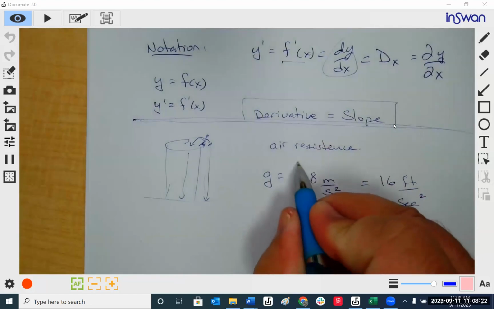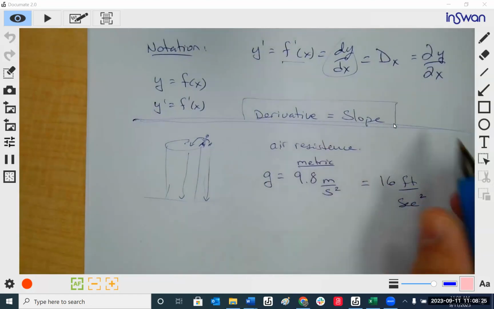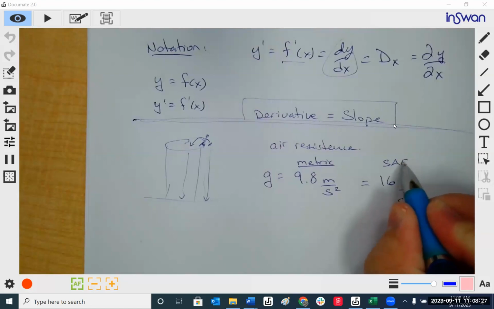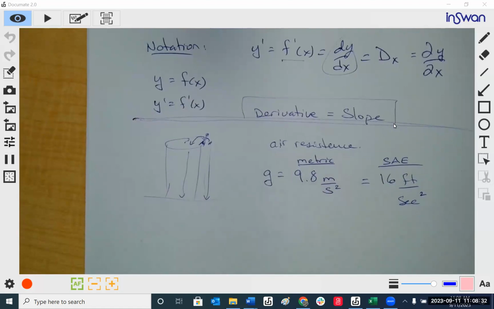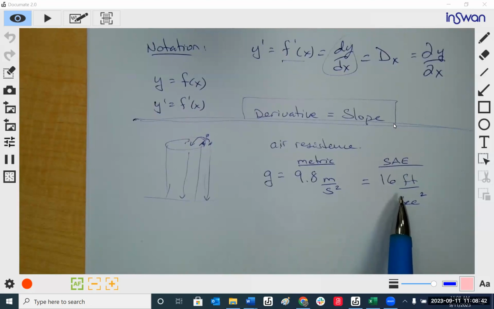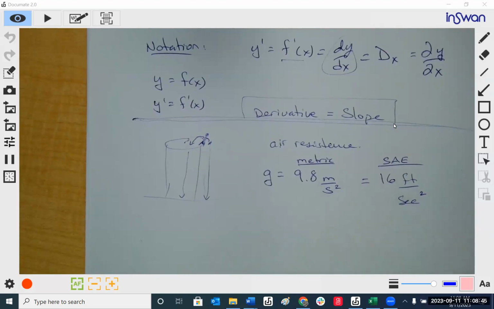So it all depends if you're dealing with metric or SAE, which is everybody else. Metrics, yeah. In physics and engineering, you always use metrics. There have been instances, not in the distant past, where one group was using the American system, one group was using metrics, and it doesn't fit. You have to convert. That's why I said universally for engineering and physics, you always use MKS, meters, kilograms, seconds. Stay with the metrics.